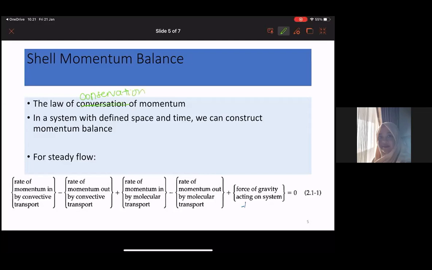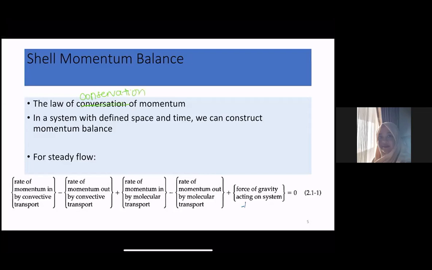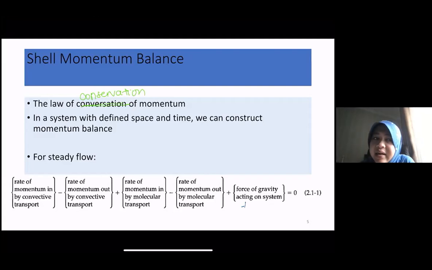Conservation of momentum. In a system defined in space and time, we can construct a momentum balance.